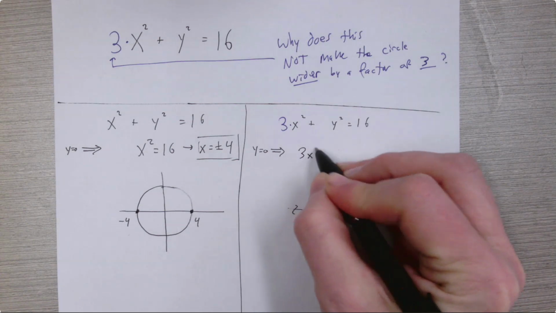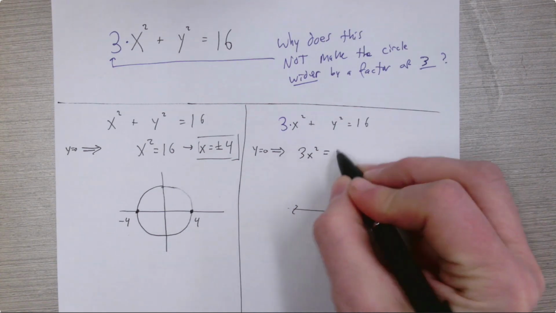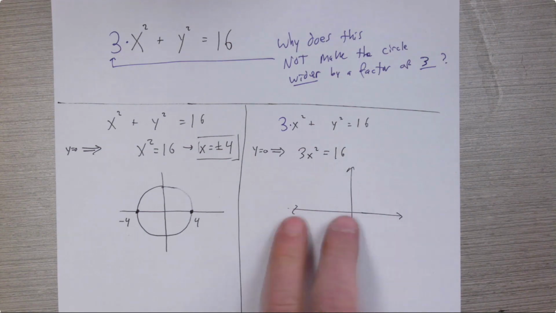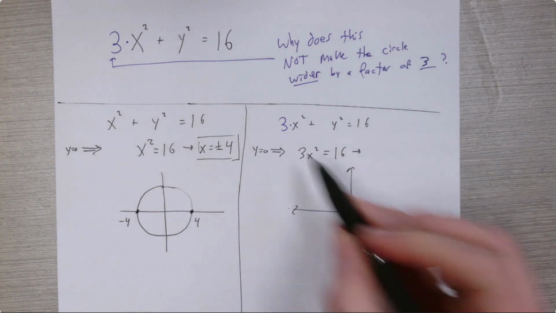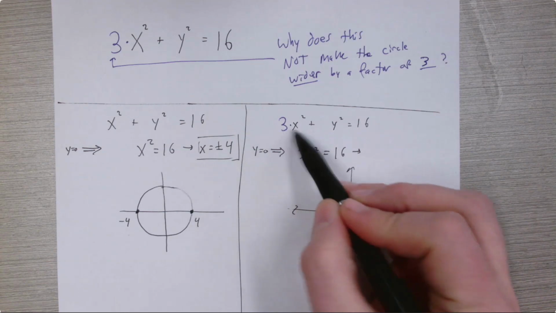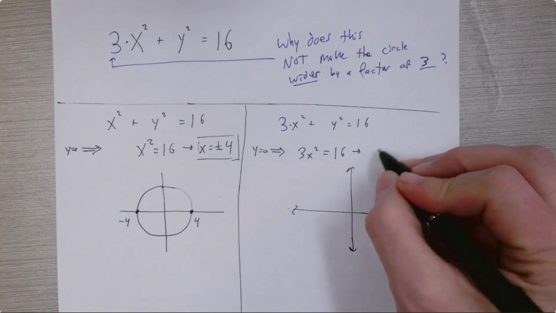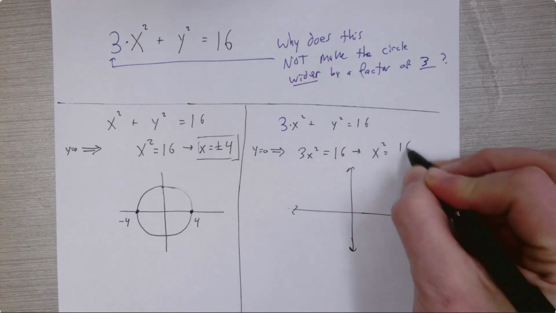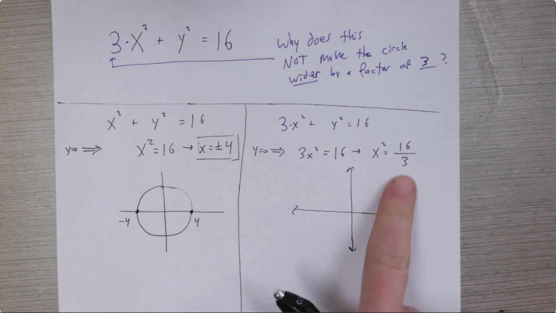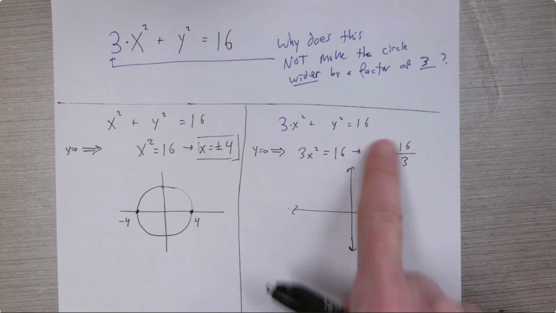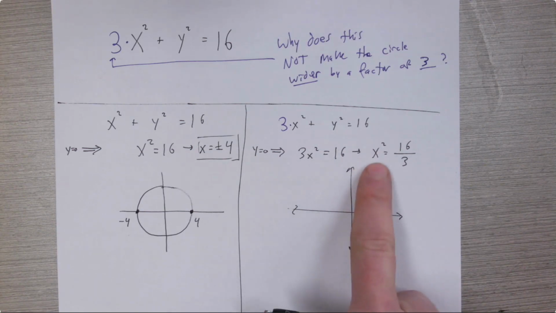Now I've got 3x squared plus 0 equals 16. Now I'm solving for what the x values are. So this 3 that seemed like it was multiplying the x values, if I'm isolating x, what's actually happening is I've divided by the 3. Because remember, what's on the left-hand side is going to end up being our x value.